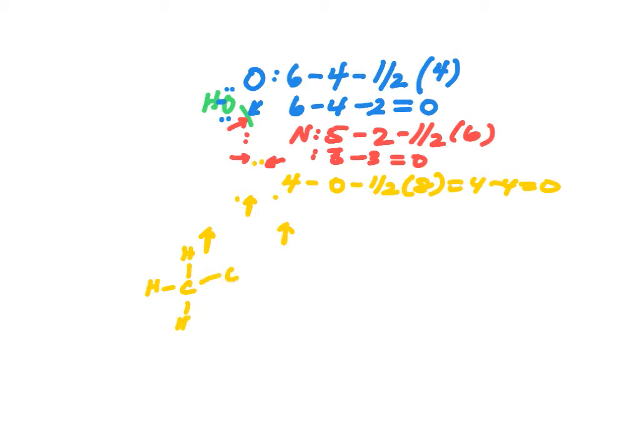For this carbon here, the group number is 4 minus 0 because there are no lone pairs, minus 1/2 of 8 because you have 4 bonds attached to that carbon, so your formal charge would be 0. So all of the atoms in this molecule have a formal charge of 0.